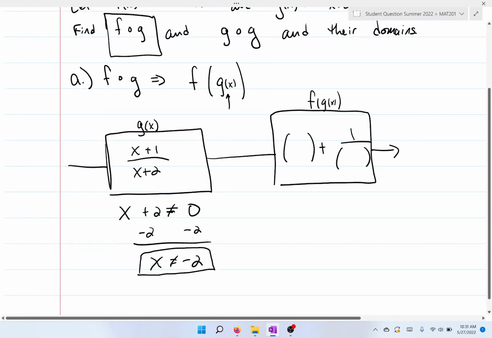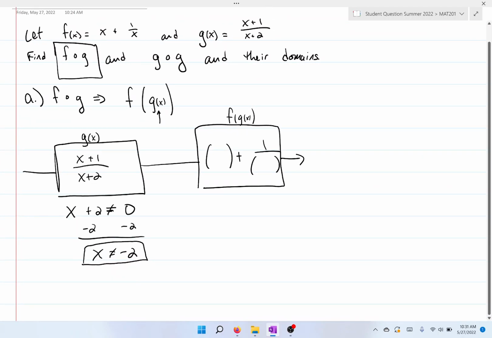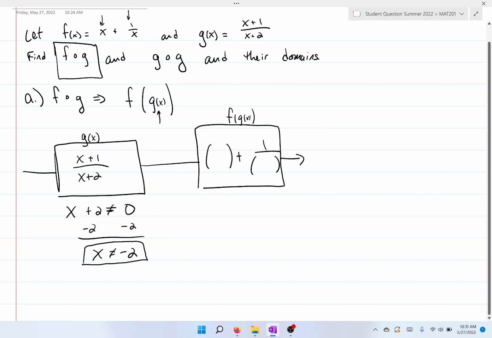I'm going to zoom out a little bit so you can see. In other words, f of x, in the top left-hand corner of your screen, is x plus 1 over x. So I put parentheses wherever the x variable was. Now, I'm going to substitute in g of x. Wherever I see the parentheses, I'm just going to write g of x.